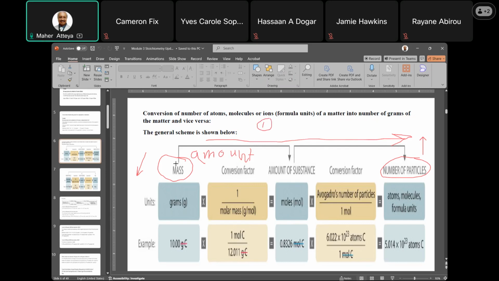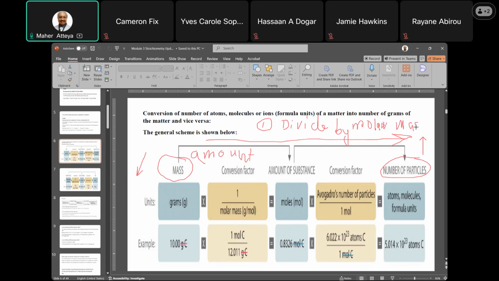From mass, small amount, to larger amount, particles amount, you have to divide by molar mass if you have a molecule, or atomic mass if you have an element.